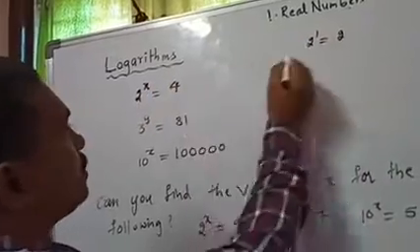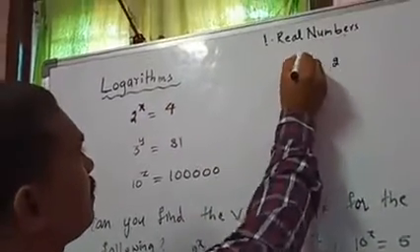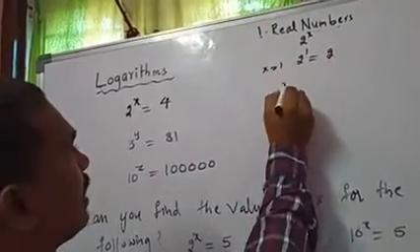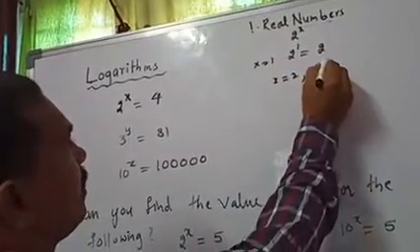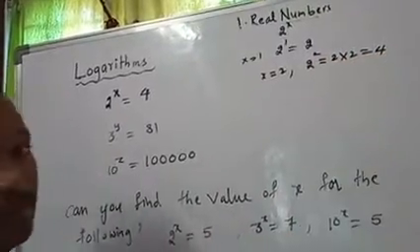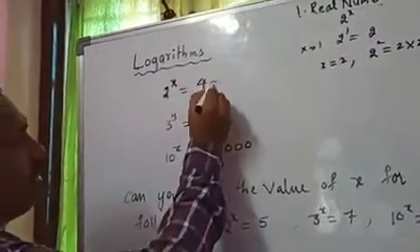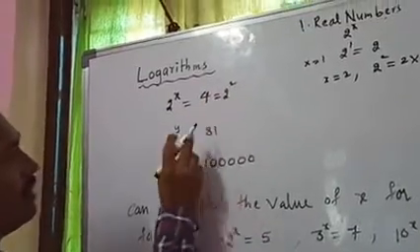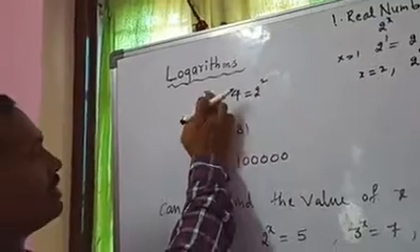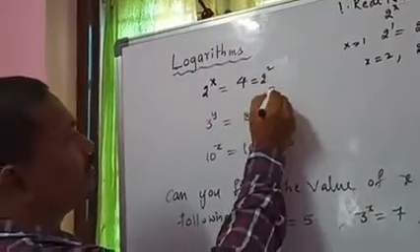If I write 2 power 2, that is 2 square, 2 into 2, 4. So that means this 4 can be written as 2 square. Here, these two terms, the bases are equal. So what are the powers? x equal to 2.